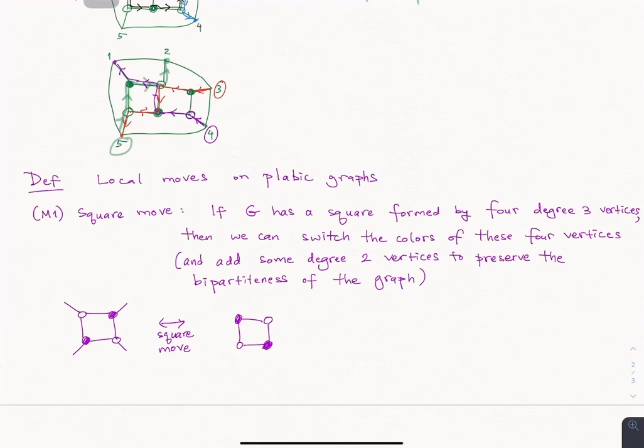So I have to add these degree 2 vertices so that the rest of the graph will continue to be bipartite. This is a two-sided arrow, so I can go from the left picture to the right picture, and I can also go from the right picture to the left picture.